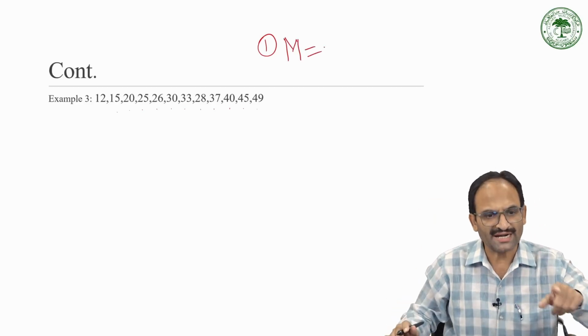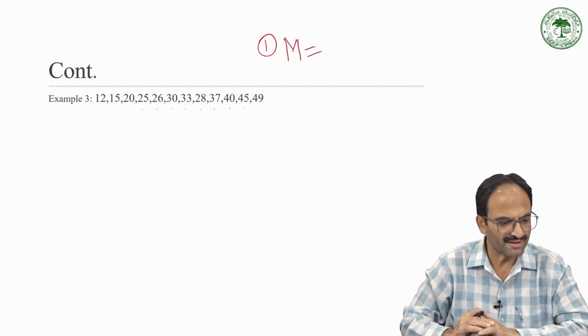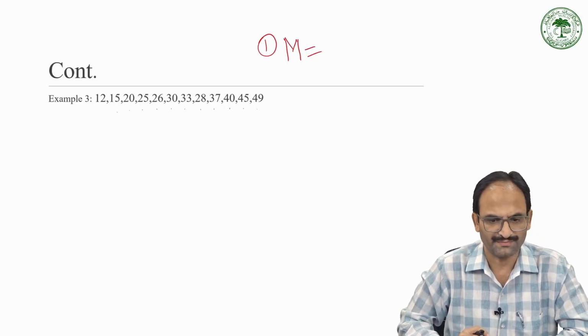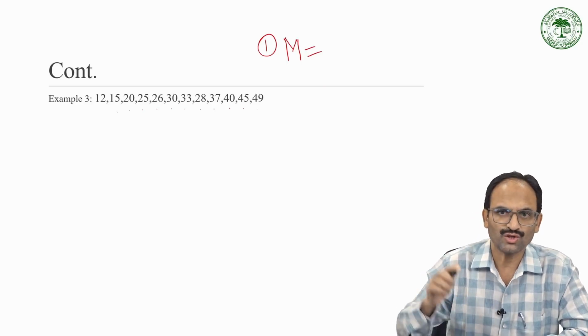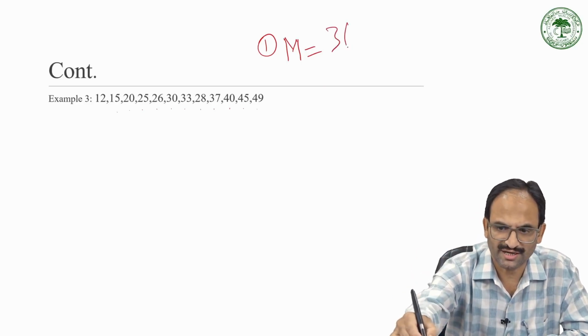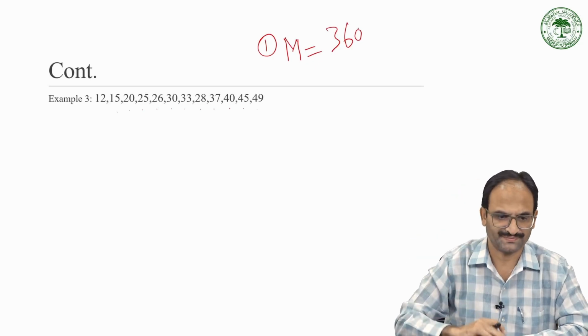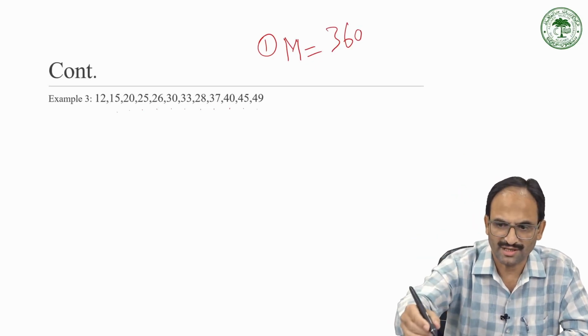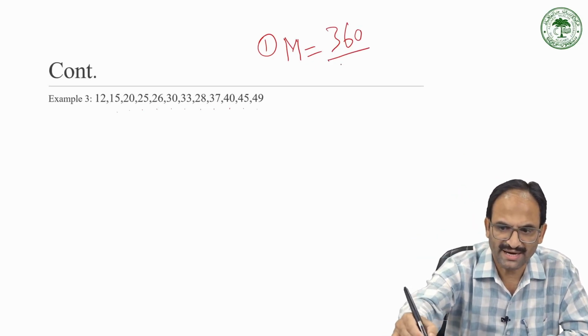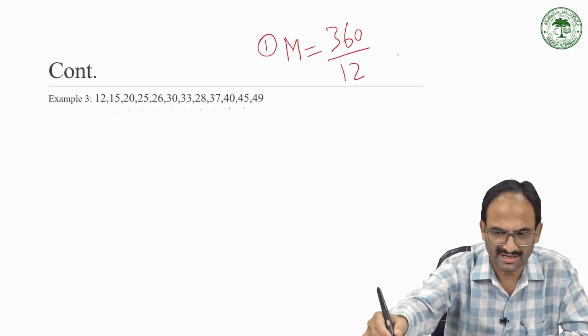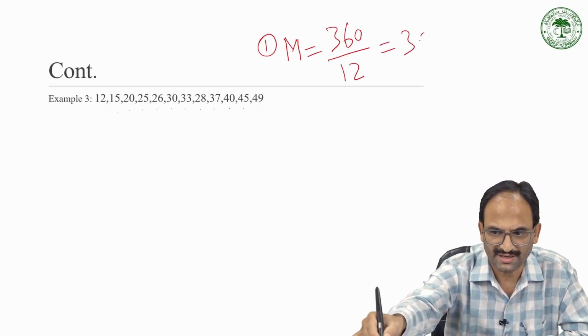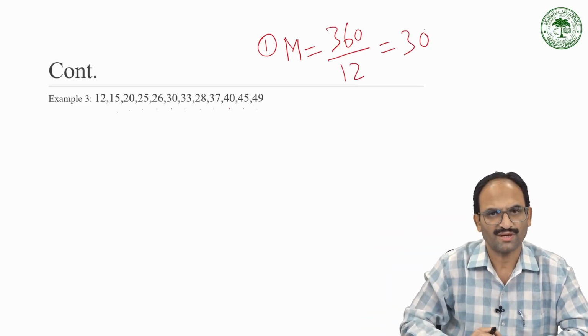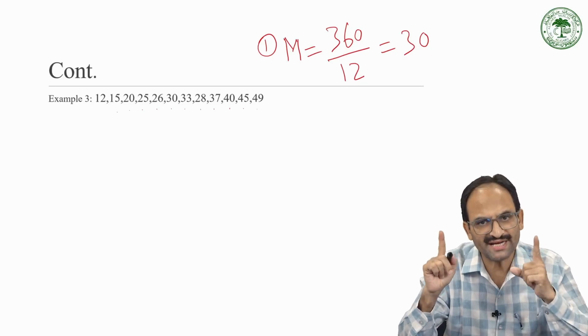So, find the sum. The moment you find the sum, you will get 360. Divide 360 by 12. So, finally, you will get mean as 30. So, remember what I have said.